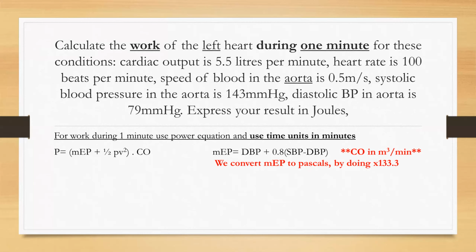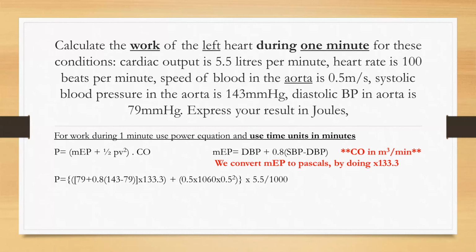Now, here, cardiac output is in terms of liters, but we have to convert it into meter cube per minute. And we convert mean EP into pascals, because here we have it in terms of millimeter Hg. So we do that.